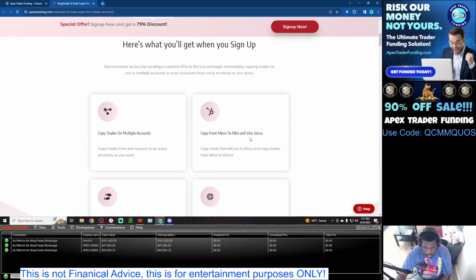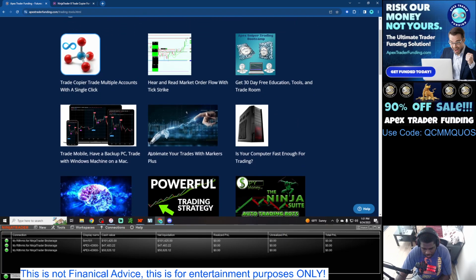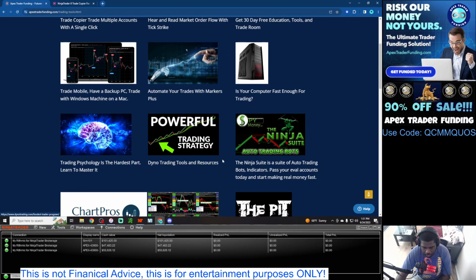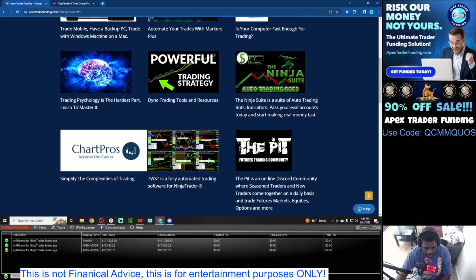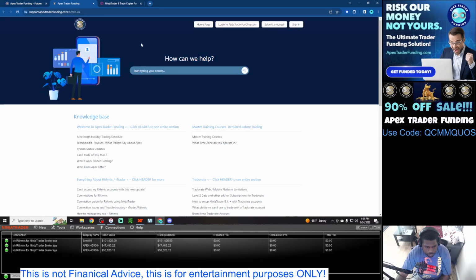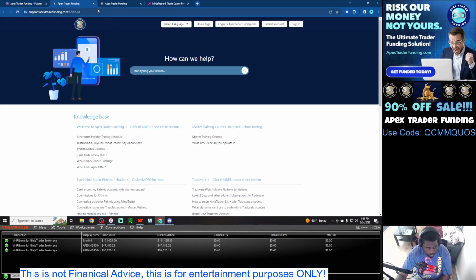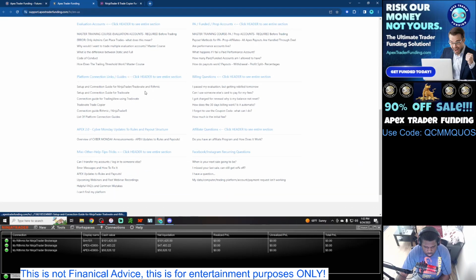You can use that. Just go into their tool setups and look at the different tools that they have that might be beneficial for you to use to trade, and go from there. Make sure you look at their help desk and the frequently asked questions, because there's a lot of different information that you might want to know.